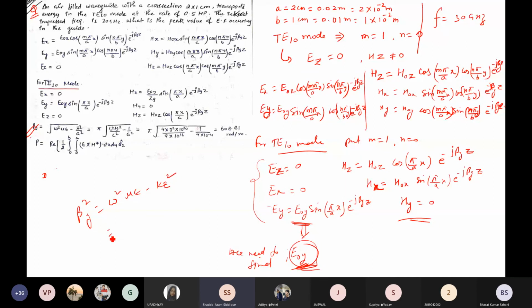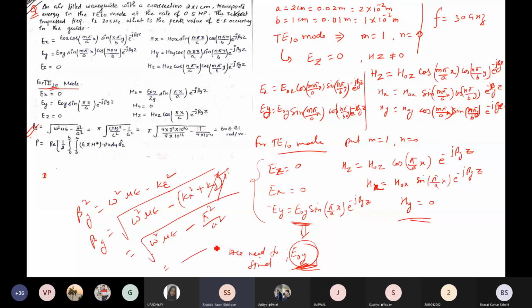We know beta g is equal to square root of omega square mu epsilon minus kc square, where kc square is equal to kx square plus ky square, and we know kx and ky can be written as m pi by a and n pi by b. For TE10, ky will vanish, kx is pi by a, so pi square by a square, and this is omega square mu epsilon. So from this you can find out beta g.